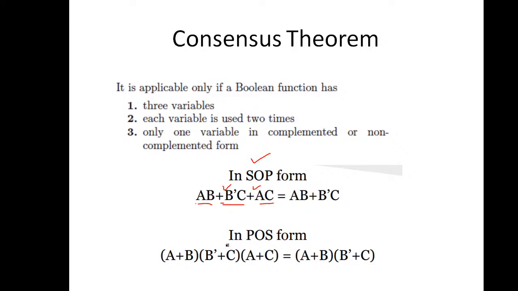Whereas in case of POS, product of sums, you should read from the right. You have the sums, and then you are doing the product of all the sums.